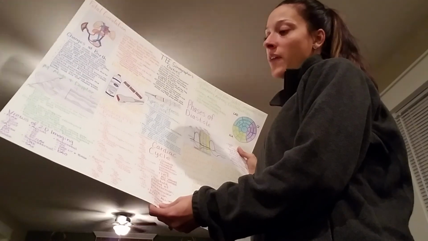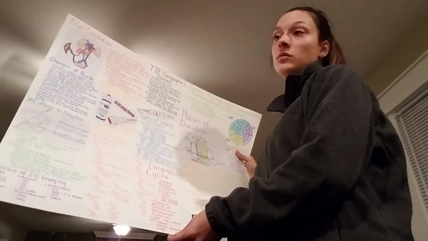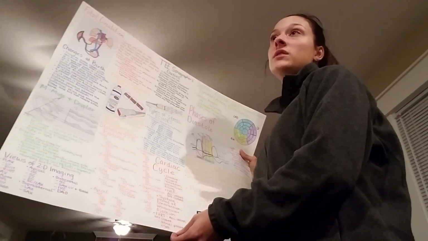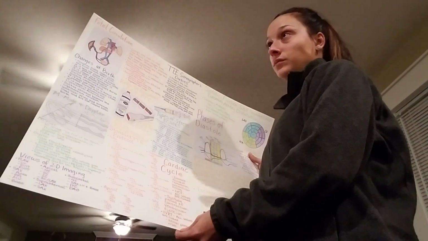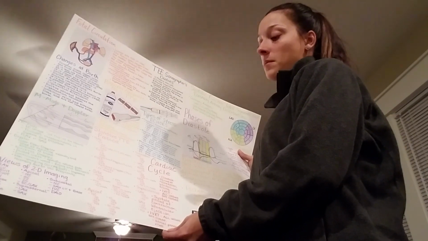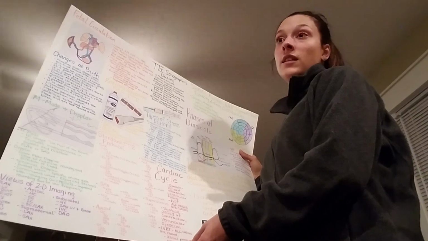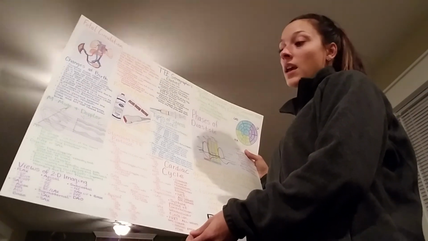And then sometimes, like only in the apical, we learned about TDI, which is a tissue Doppler. You use this to look for declined function in the septal or lateral walls.